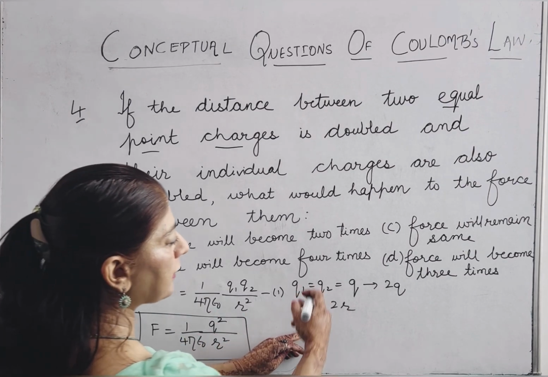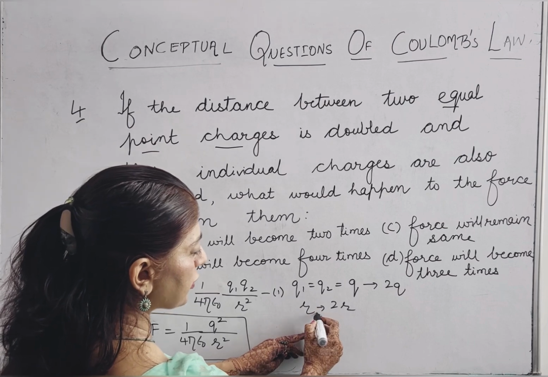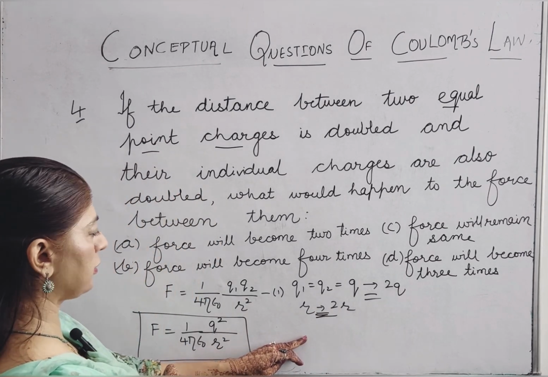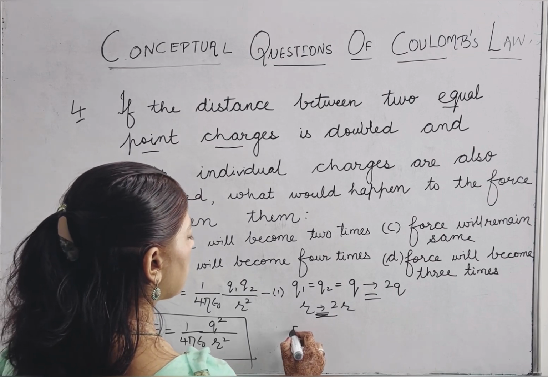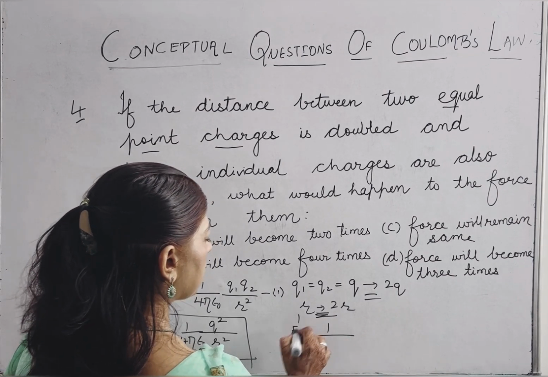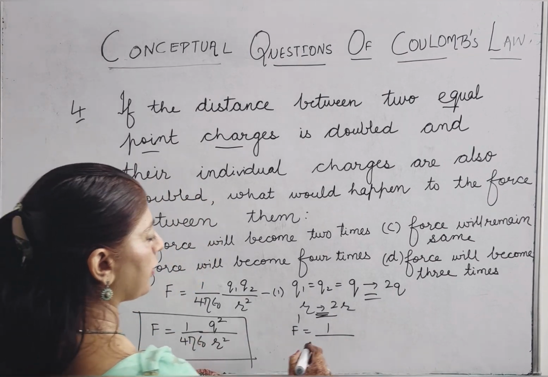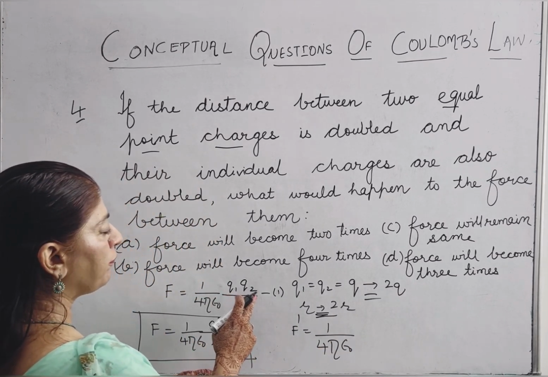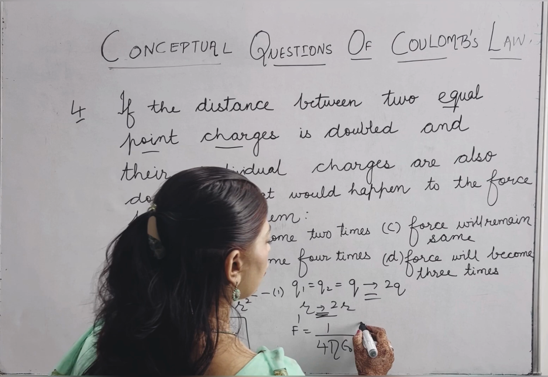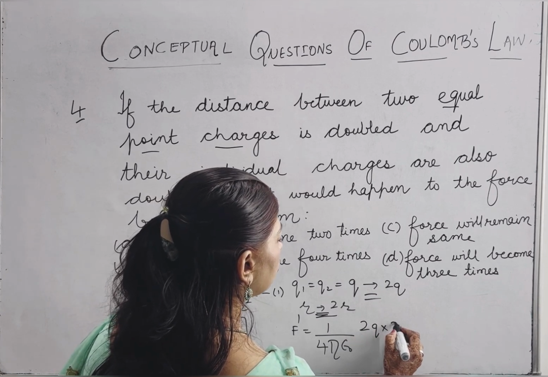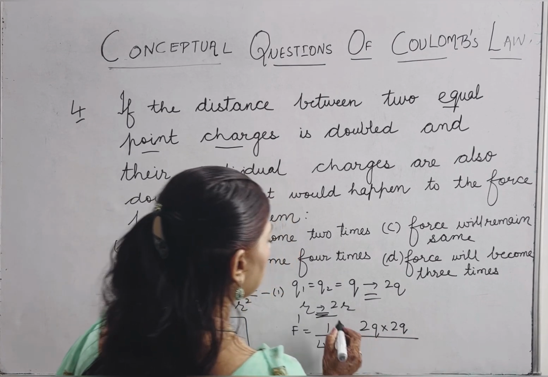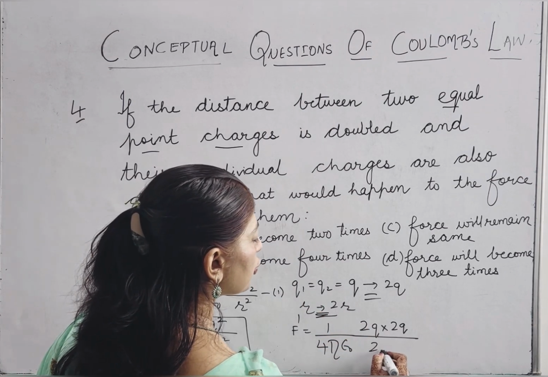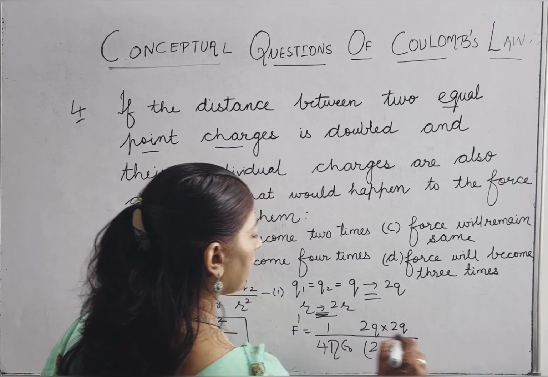After making the charges double, these are the changes according to the statement. Now the changed force, let it be denoted by F dash, is 1 by 4 pi epsilon naught. In place of Q, we will be writing down 2Q. 2Q into 2Q divided by, now according to the statement, distance also has been doubled, so it is 2R whole square.